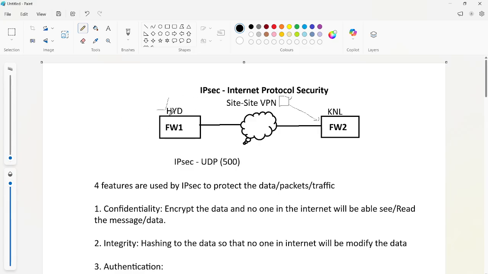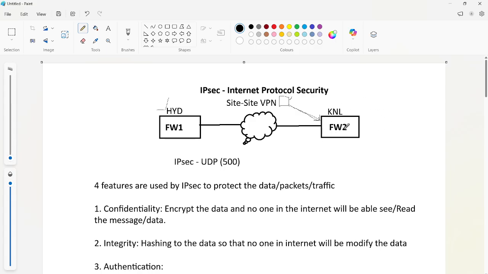Whatever we are sending from Hyderabad, they will hide that data and try to send their own data. At that time, if the firewall has not authenticated with firewall 1, or if your Kernel branch office firewall is not authenticated with the Hyderabad branch office firewall, there is a chance of accepting the information, and they may introduce some unwanted or suspicious information in your branch offices.